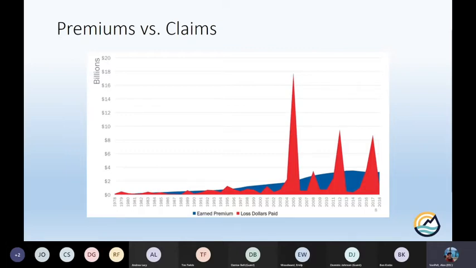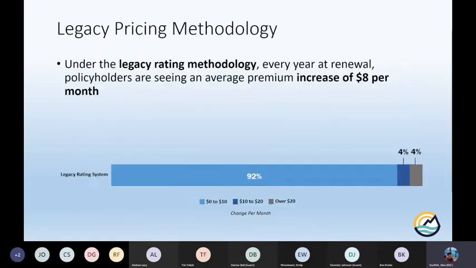We've had several billion-dollar disasters where folks are making flood insurance claims that vastly exceed the amount of money coming into the program. So under the legacy method, up until recently, pretty much all policies were increasing to make the program revenue neutral.